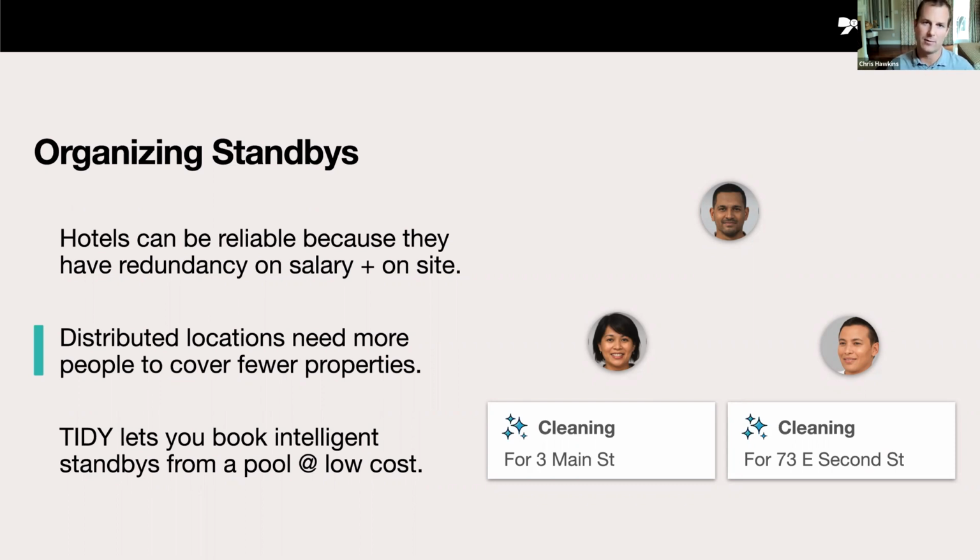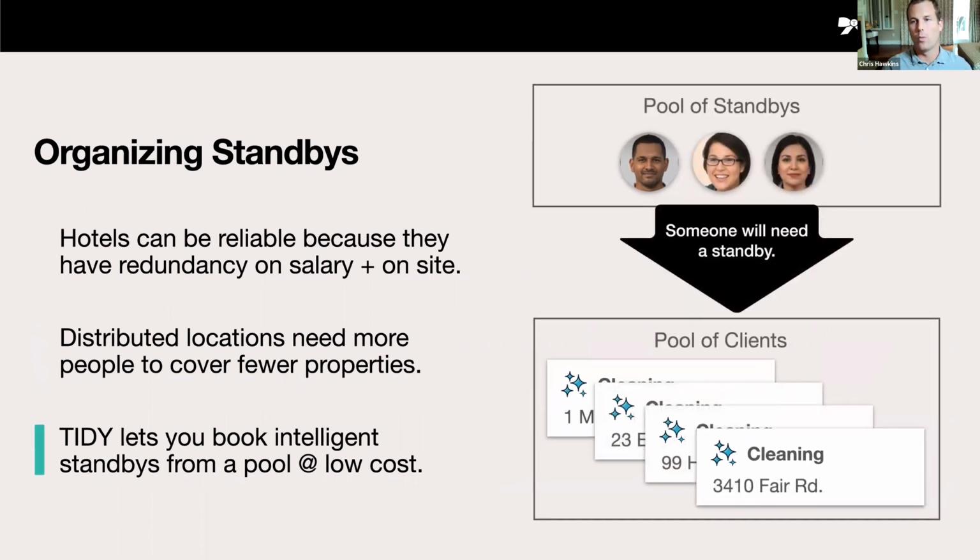We've had arrangements like that before. It's similar to the way that our system works. But one thing that we can do for you is we have pools of standbys available. So let's just say there are 100 clients in a metro area, all with jobs at roughly the same time.